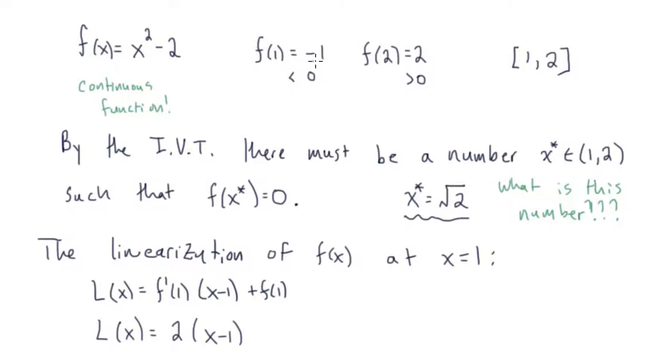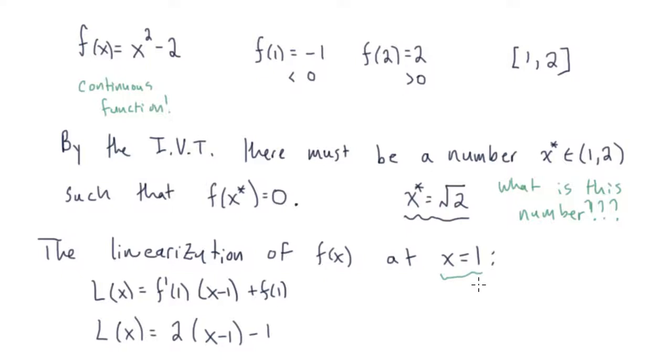And then minus 1, because plus f of 1, so that's minus 1. Okay, and this is basically what the linearization is. Now, remember, the linearization is not the function, but it's basically the line that's the closest to the function. It really is the tangent line at this particular point, x equals 1.